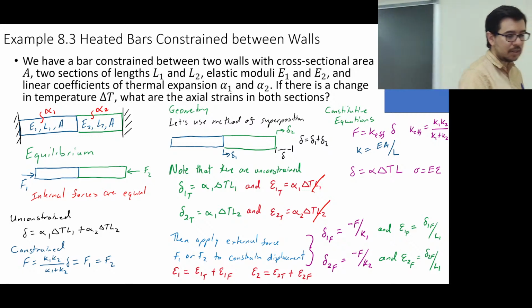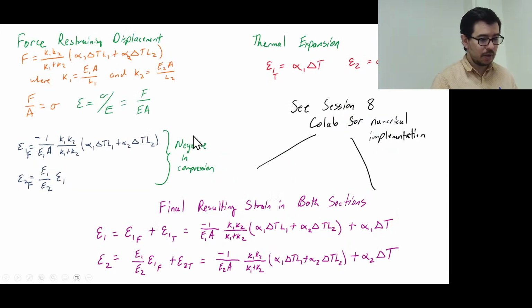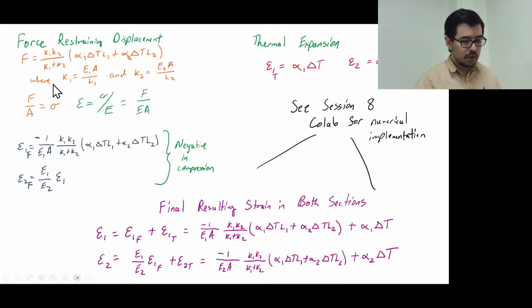Okay, so that's one way to work on this, and if you do all the math out, you get epsilon 1 is equal to epsilon 1F plus epsilon 1T. So this is the force that we have to use, the compressive force, and this is the thermal.